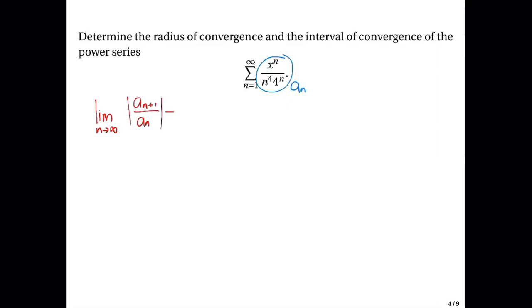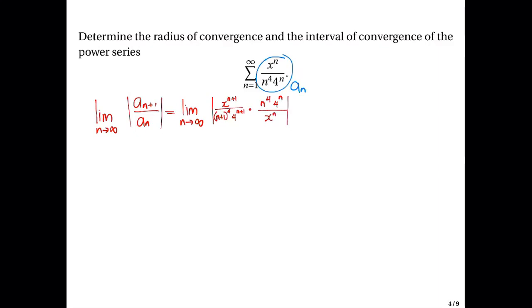Okay, and this is equal to the limit as n approaches plus infinity of the absolute value of a sub n plus 1, which is x to the n plus 1 divided by n plus 1 times 4 raised to n plus 1. And then for the denominator a sub n, let's just get the reciprocal. So we multiply by n times 4 to the n divided by x to the n.